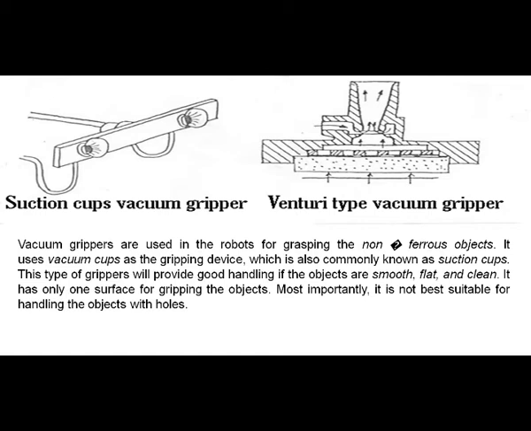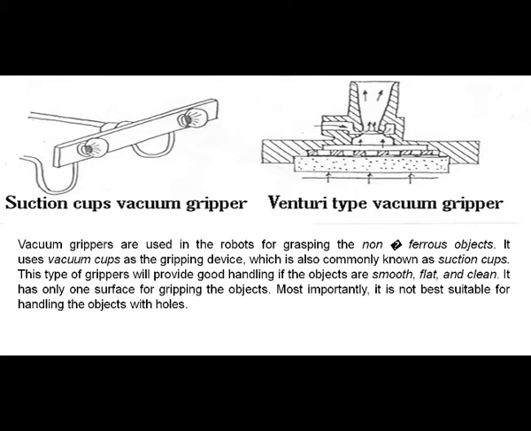In addition to mechanical grippers, there are a variety of other devices that can be designed to lift and hold objects. Among these, other types of grippers are classified as vacuum cups. Vacuum cups are used in robots for grasping non-ferrous objects.